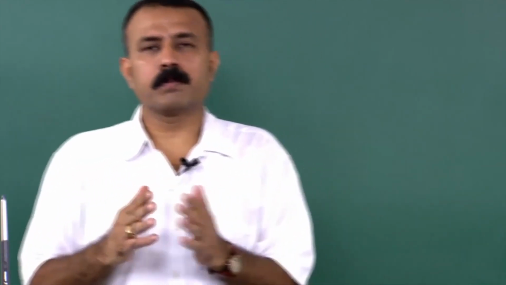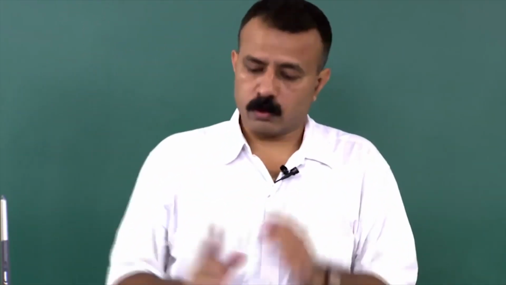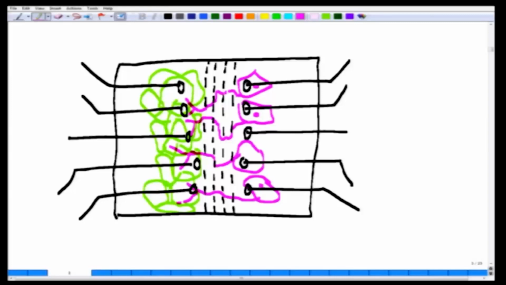This is the power of this kind of simple system. You can stimulate this electrode out here and see the response out here. You will be able to see the kind of response taking place on this electrode or wherever.